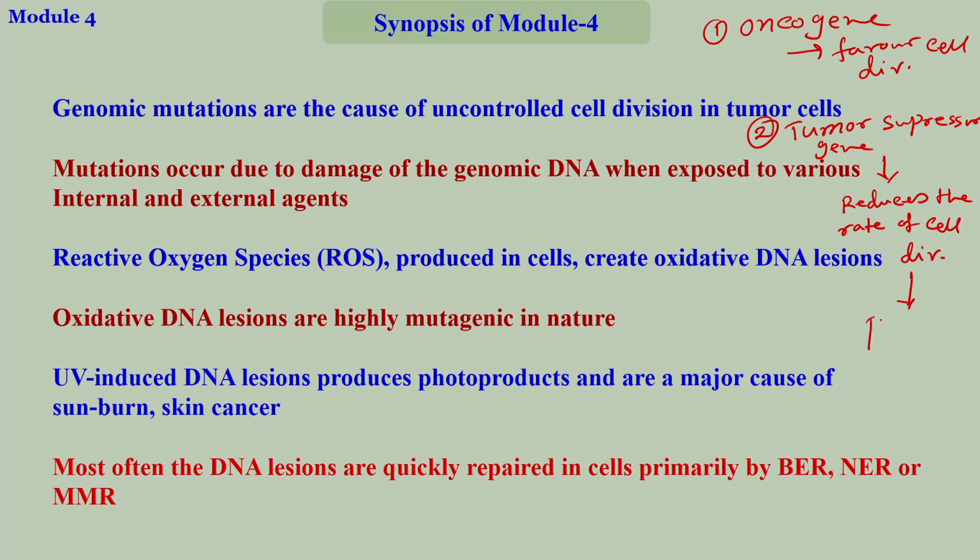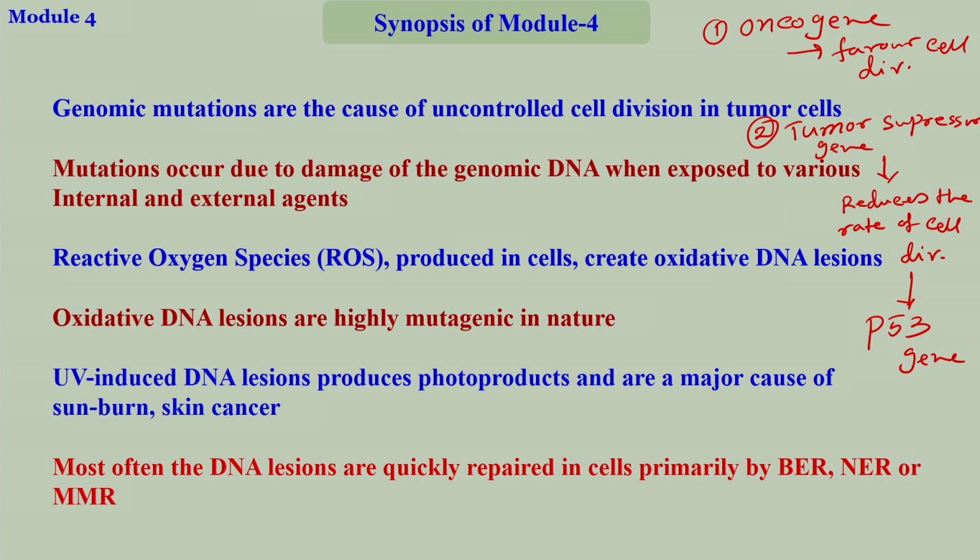Now, if a mutation happens in either of these two genes, for example, if the tumor suppressor gene is mutated, then it cannot function anymore. I had given one example, the P53 gene. P53 gene is a kind of tumor suppressor gene.